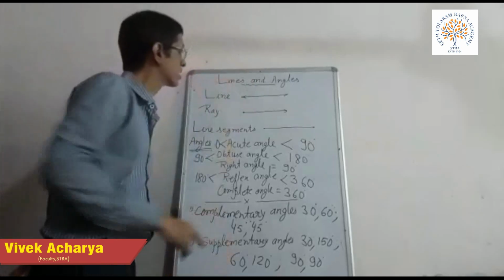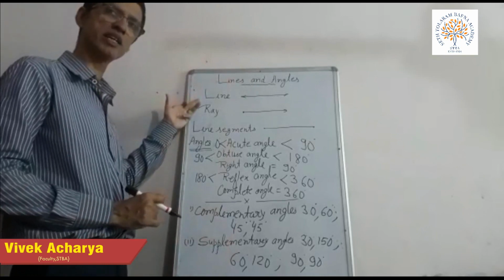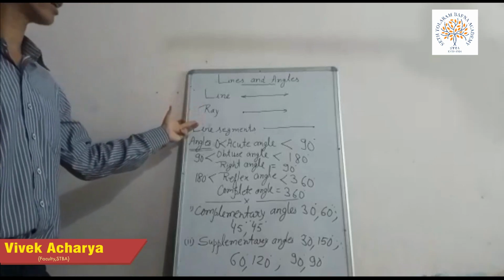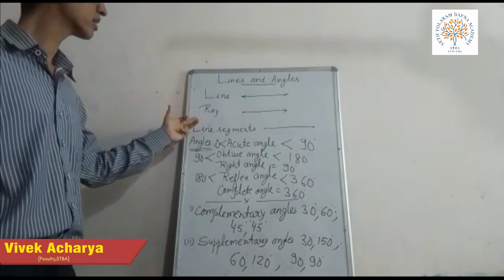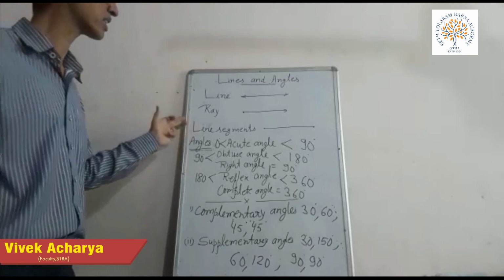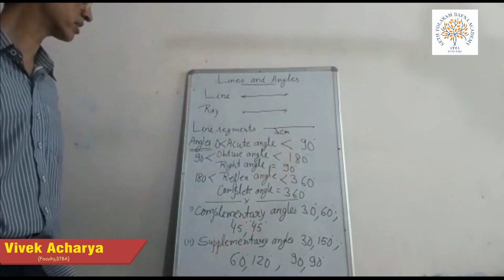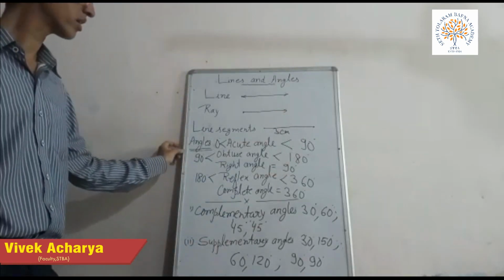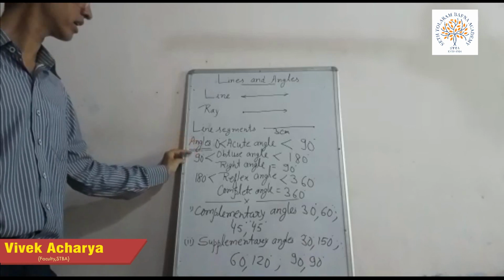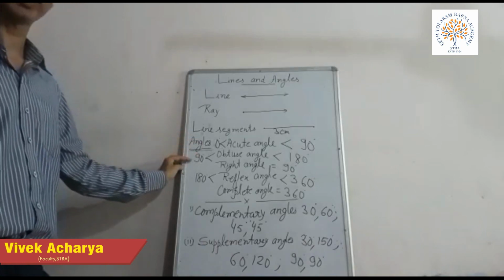So students, repeating the sequence: first, line, which can be extended on either side. Second is ray, extended on one side, and line segment, which has only a fixed length. It may be 3 centimeters, it may be 5 centimeters, like this. Then about angles: acute angle is greater than 0 and less than 90 degrees, obtuse is greater than 90 degrees and less than 180 degrees.